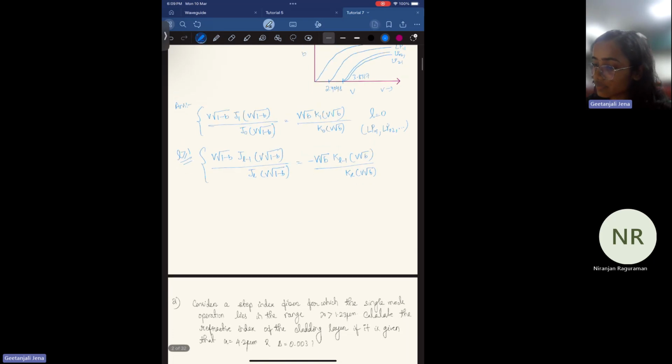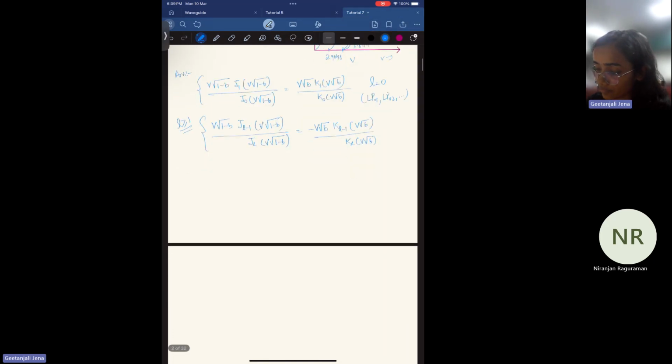And for the cutoff condition we have b equal to 0, right? So for the cutoff b is 0, that means beta is k0 n effective, which is equal to k0 n2. And you already know u is V root of 1 minus b. When b is 0, that means at cutoff u will be V cutoff, and w is V root of b.